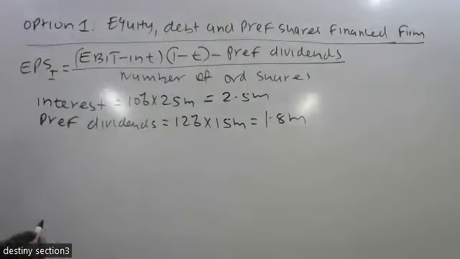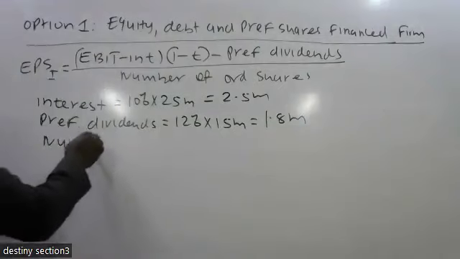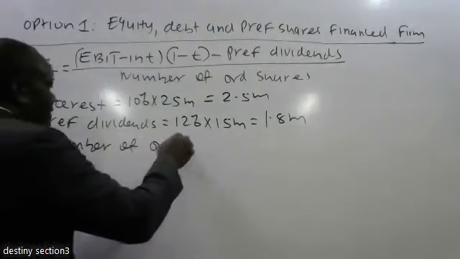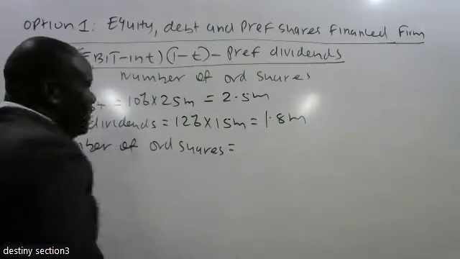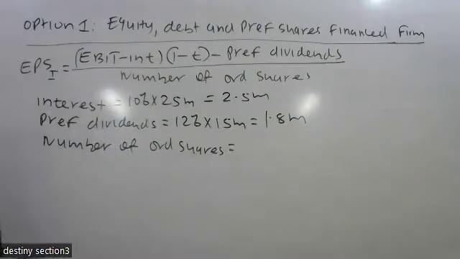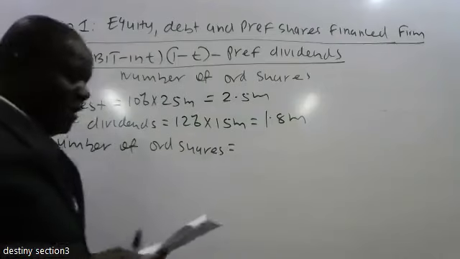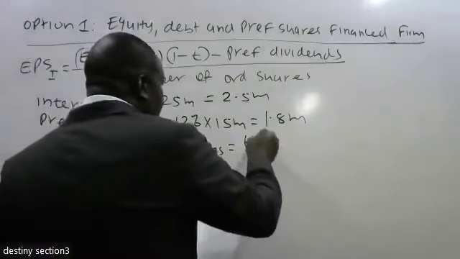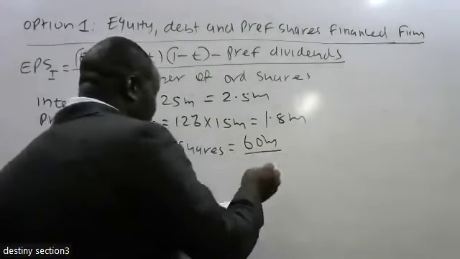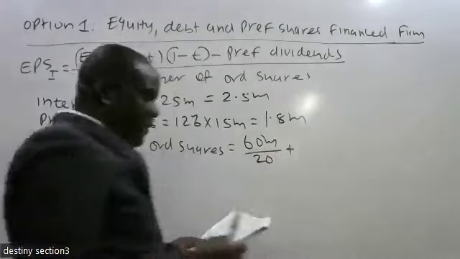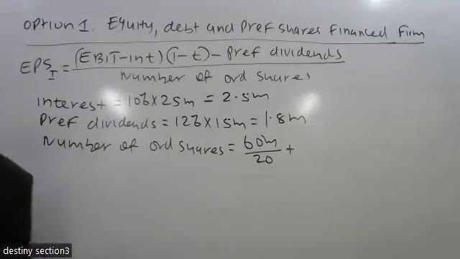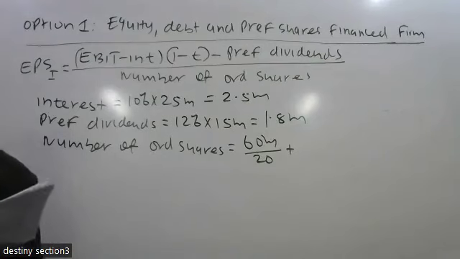The other thing is to get the number of the ordinary shares. To get it, you simply go to the capital structure. Are you able to see the 6 million? Divide by the par value, which is how much? Then check in the first paragraph, how much were they considering to raise? When you check under option one, to raise that capital, they issue new ordinary shares at what price?